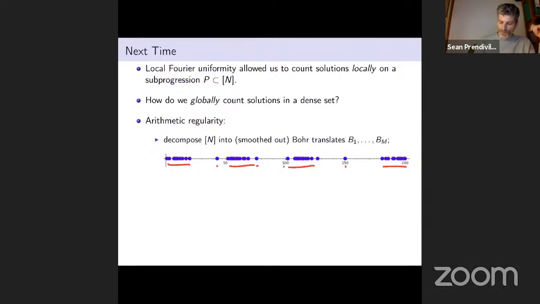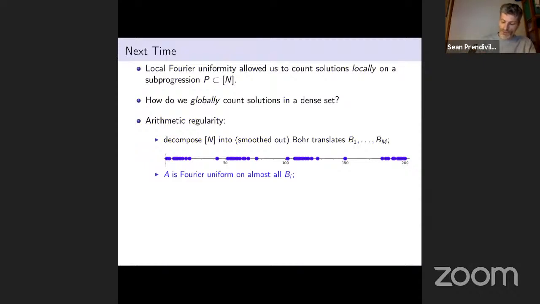Okay, so arithmetic regularity in this case would output a decomposition into intervals of length 20, and these would be the Bohr translates. And on each of these structured pieces, I'm either random or almost empty, which is another way of being coarsely or weakly Fourier uniform if you're very sparse.